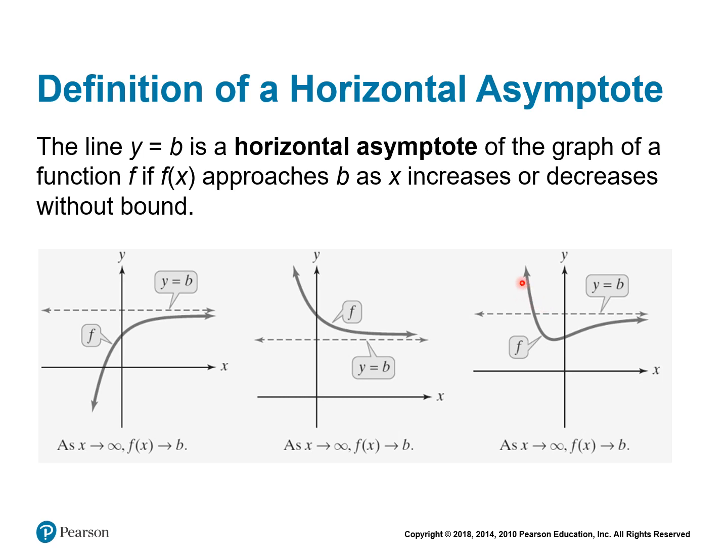Now we see that this third graph here does cross the horizontal asymptote, but after a certain point, as x increases, the graph on the right end is approaching y equals b.